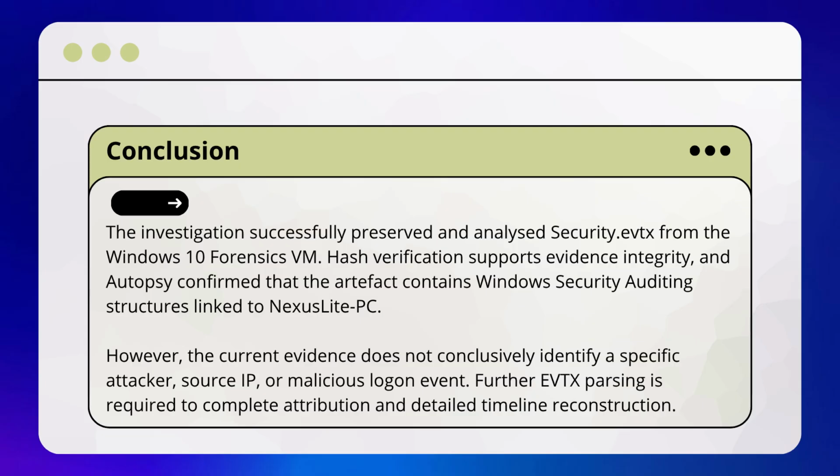However, the current evidence does not conclusively identify the specific attacker's source IP address or exact malicious logon event. Therefore, our final position is that the evidence is relevant, preserved, and ready for further detailed event parsing. This investigation demonstrates the importance of proper evidence handling, integrity verification, and honest reporting of limitations in digital forensics work.